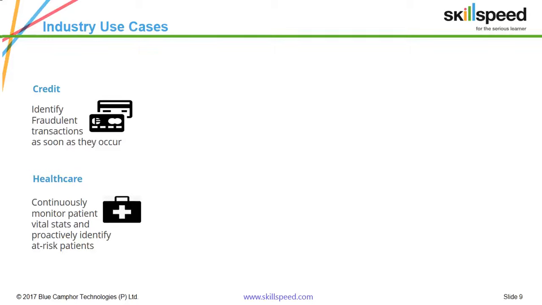Now the system will already have predetermined statistics which say that if the values are within this range, then the health condition of the patient is normal. If the values cross the border, then the system can detect it in real time and take a measure such as sending an alarm to the head nurse or something like that.